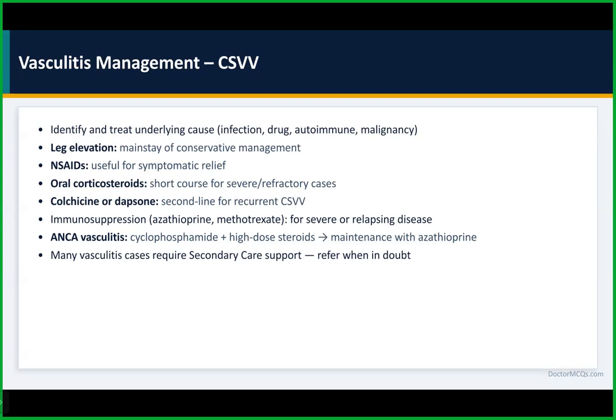If the patient has continuous recurring and relapsing disease, then you will refer for immunosuppression therapy like azathioprine and methotrexate. If it is ANCA positive, then cyclophosphamide and high-dose steroids play a vital role. You are going to start with induction therapies. Induction is mostly with cyclophosphamide or high-dose steroids, but the maintenance will be azathioprine.